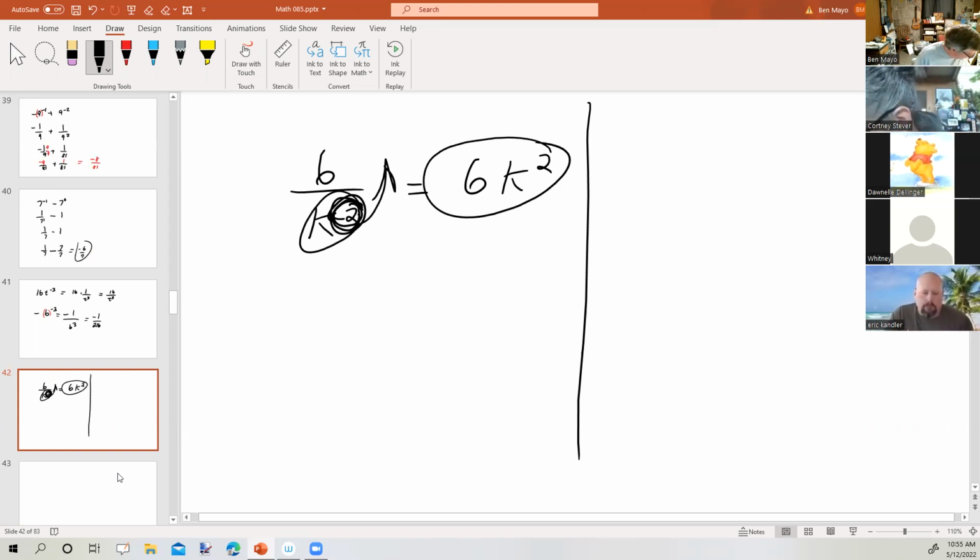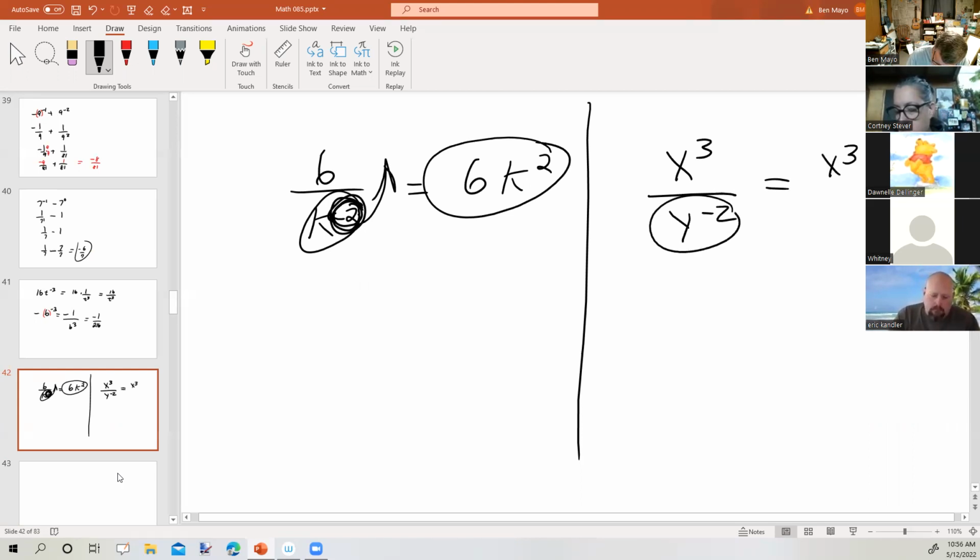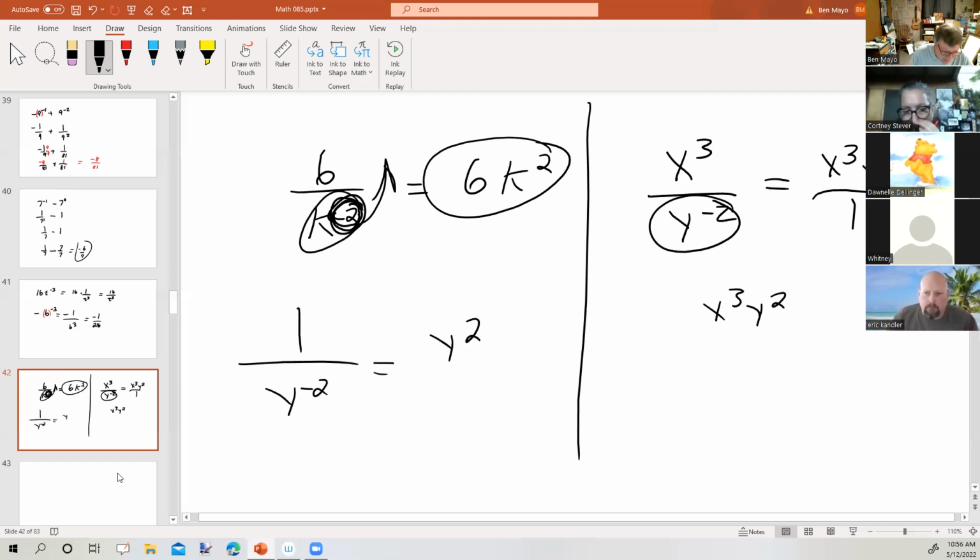Now let's look at some more of those then. Let's see here. So this is a division problem, but I can rewrite this as y to the second power in the numerator, which then I don't really need to write the over 1 because it's implied. What if I just had this? That would become that.